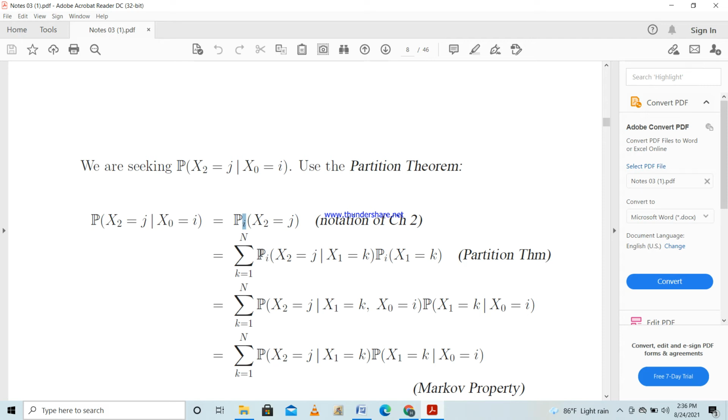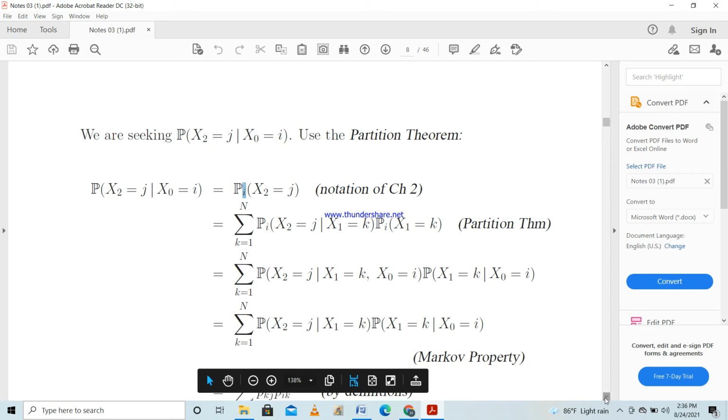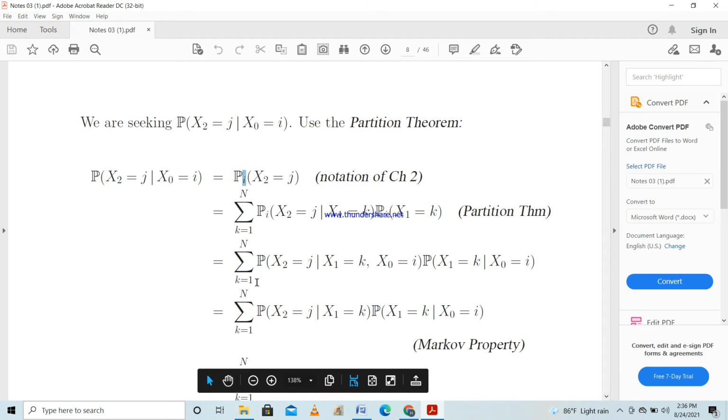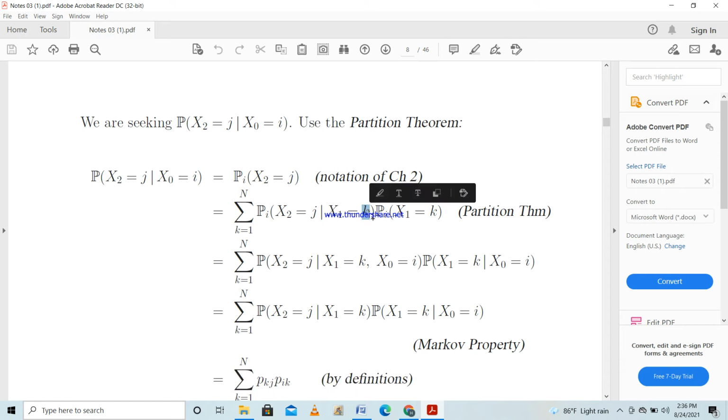So we can write this using the partition theorem: the sum over k of the probability that x2 equals j, given that x1 is equal to k, times the probability x1 equals k. There are n states in this transition diagram of the Markov chain, so k can be any state. When time is equal to 1, we can be in any state. So k goes from 1 to n, and I can write the sum from 1 to n.